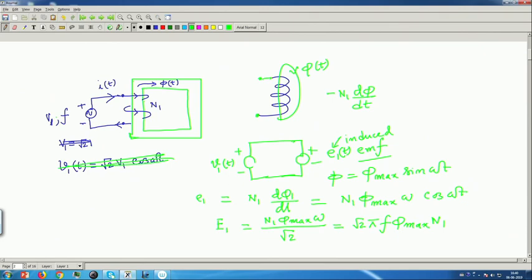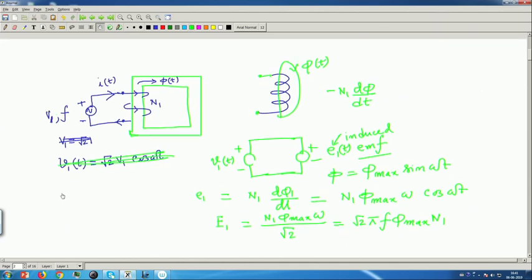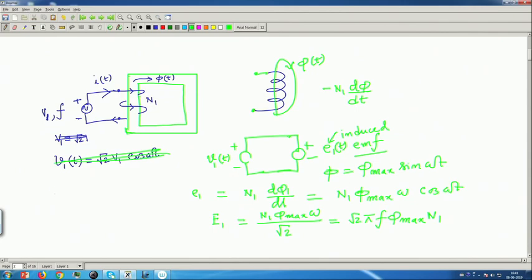It cannot be other than that. Therefore, if the applied RMS voltage is V 1, it must be equal to root 2 pi f phi max into N 1.